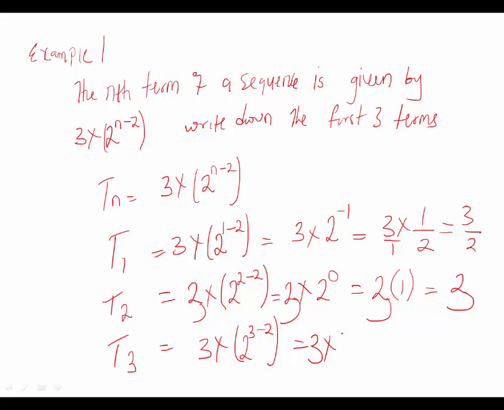So I'm going to have 3 times 2 raised to power 1, which will give you 2. Then you're going to have 6 for this next term. Now let us stop here and see what we've done so far.